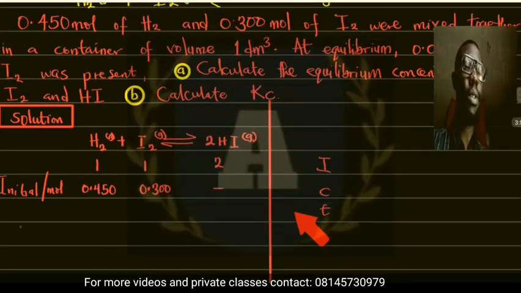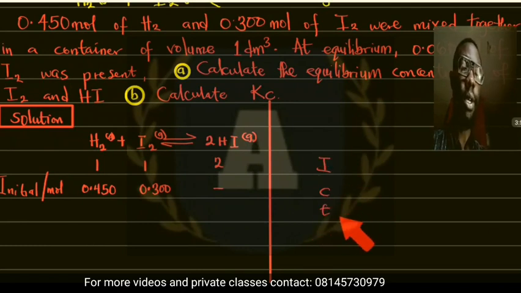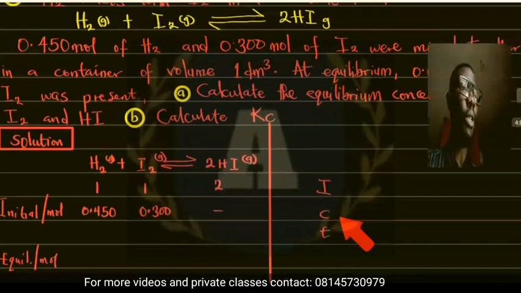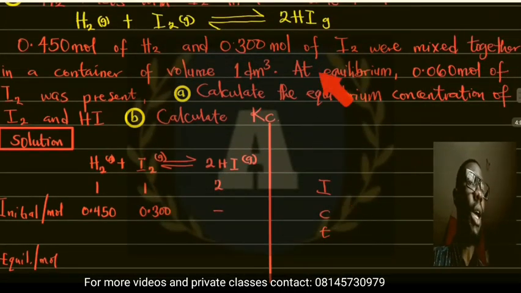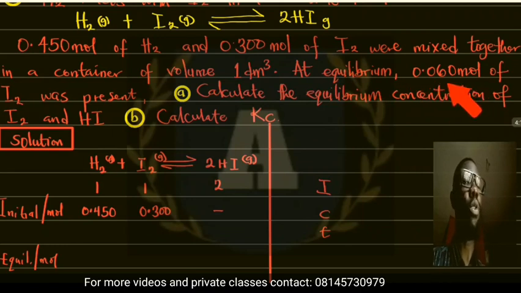Now next, the third thing in this format is the equilibrium, because that is what is given next. Equilibrium also has units in mole. As the question proceeds, it says at equilibrium 0.06 moles of iodine was present.